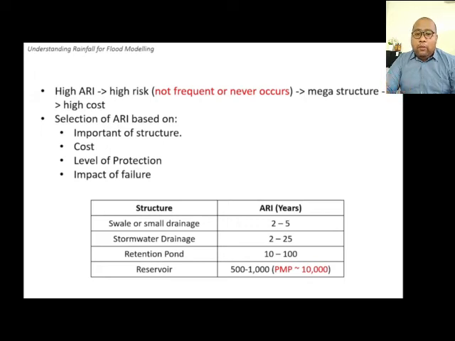Okay, bila hujan turun, normally the excess water goes to the retention pond, and this pond will hold the water until certain level of the ARI. So the reason is because they want to protect the area at the downstream of the pond.